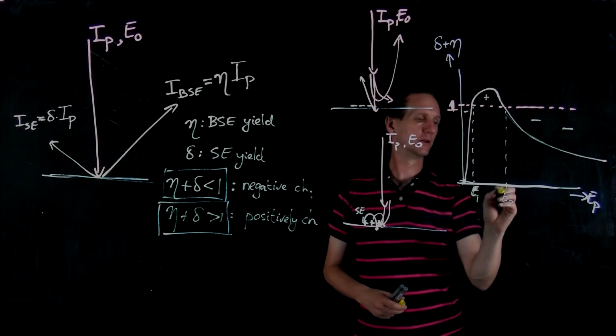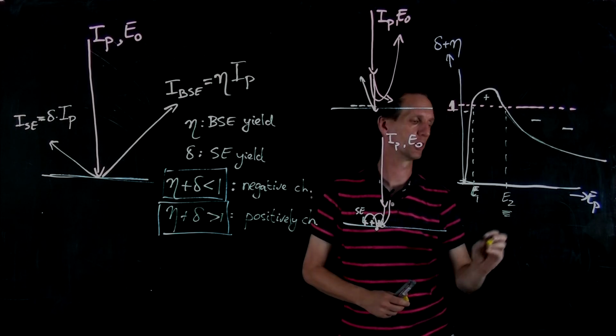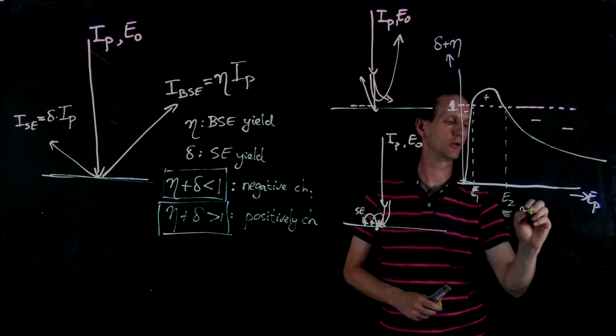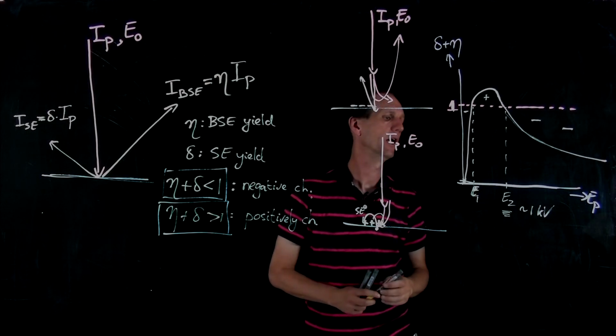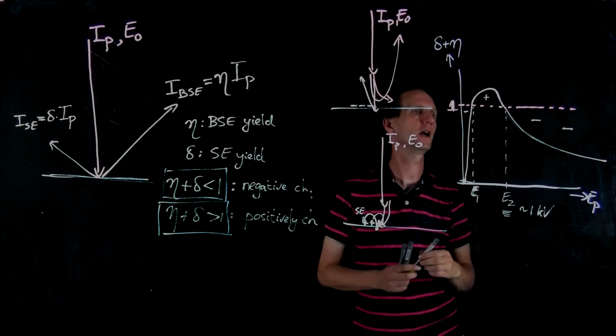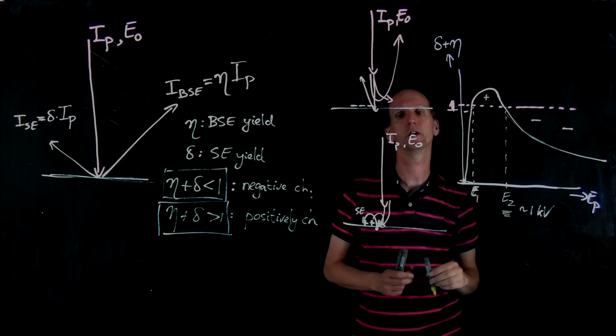So typically, this point of E2 is important. It typically has a value of around 1 kV for most materials. And the importance here lies in what happens if we have energy slightly lower or slightly higher than E2.